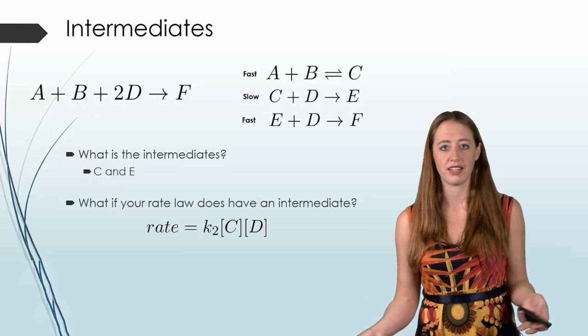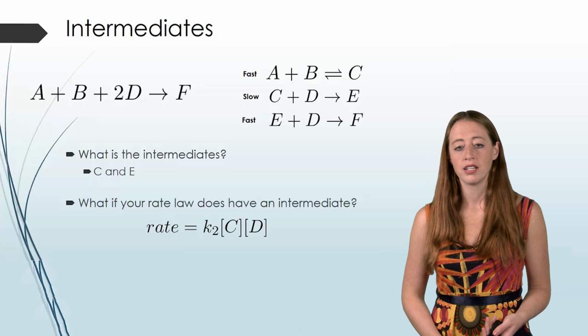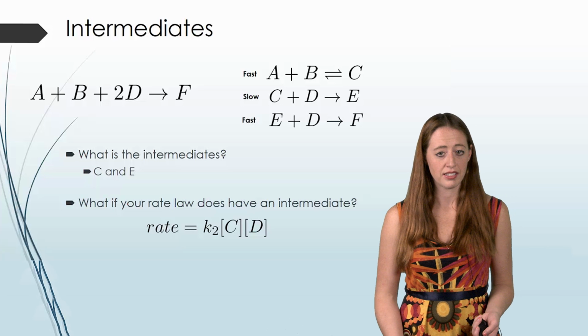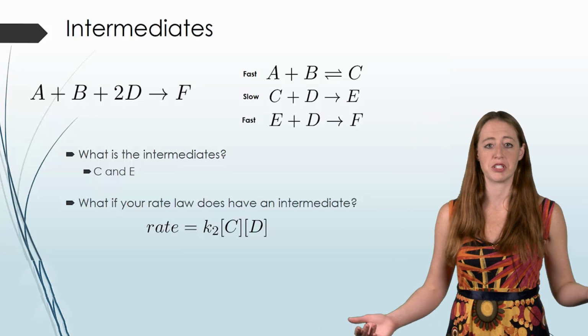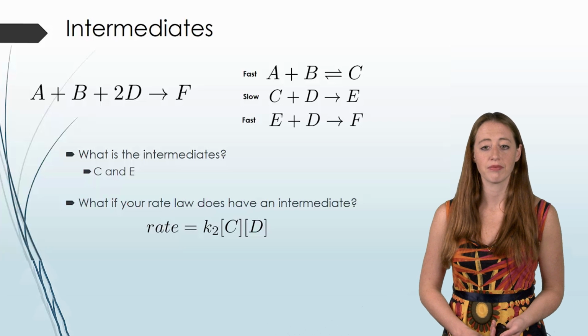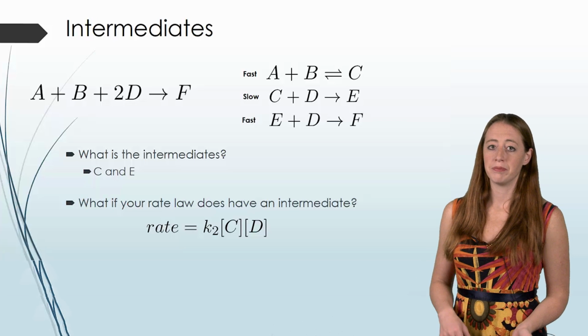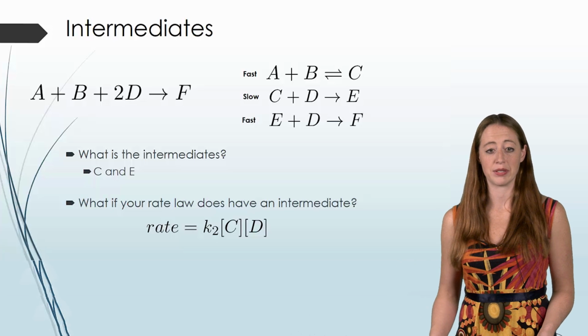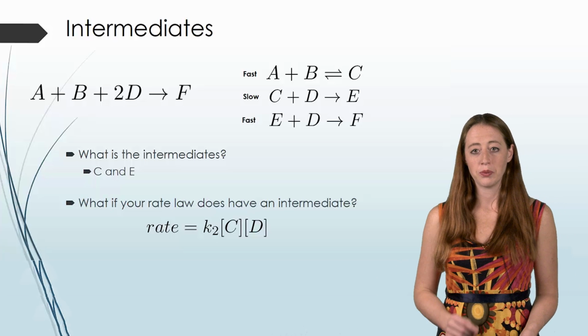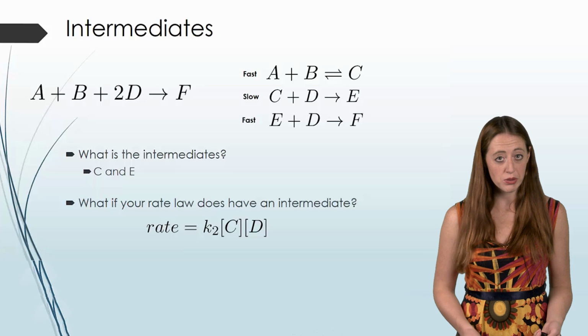That's just to specify that it's k for the second part. And then our concentration of C and our concentration of D, each raised to the first power just because there's no coefficients there. But now we have a problem because in the last video, and again in this one, I'm telling you, you don't get to have intermediates in the rate law. And yet here we have C. So we have to do something about that.